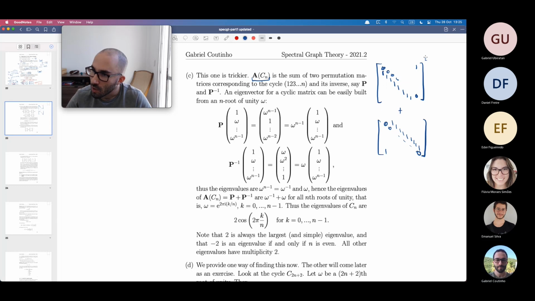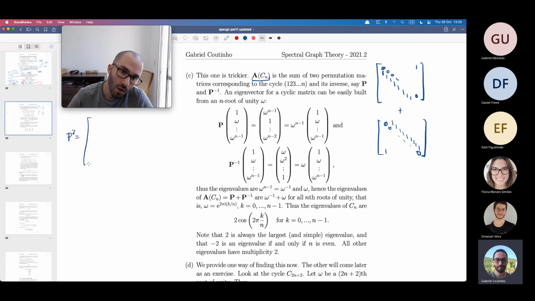So this matrix here, P, if you write P squared, the answer is going to be the matrix that maps 1 to 3, 2 to 4, and so on.